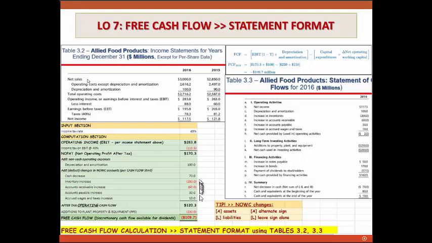Adding the changes in working capital to the after-tax cash flow, you get after-tax operating cash flow of $120,300,000. Now, from the investing section of the cash flow statement, you can see the company purchased $230 million of equipment.